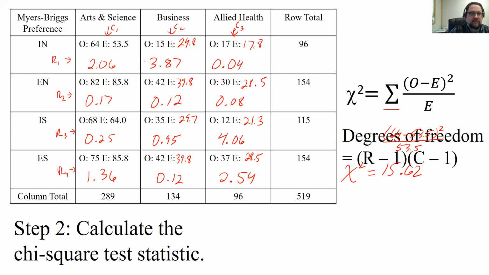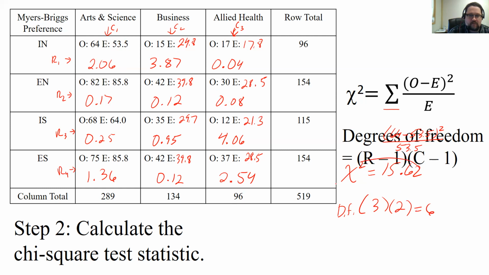So it's not of the chart, it's of the actual data inside. So for my degrees of freedom, this would be rows minus 1, so 3, columns minus 1, so 2, so 6 degrees of freedom.